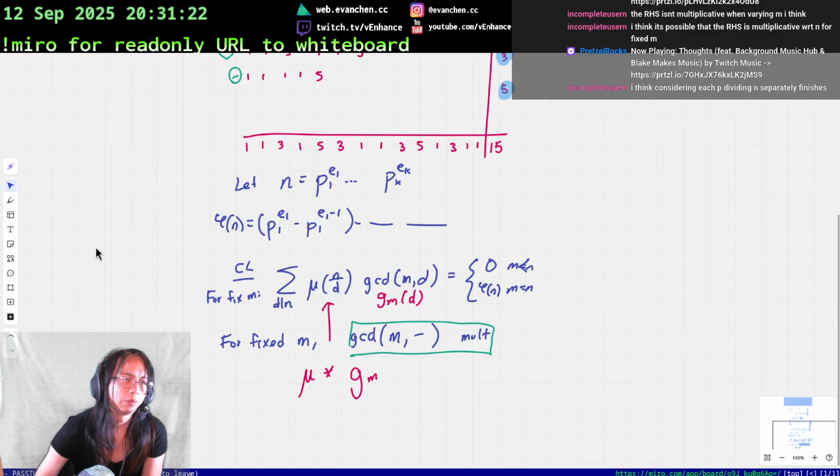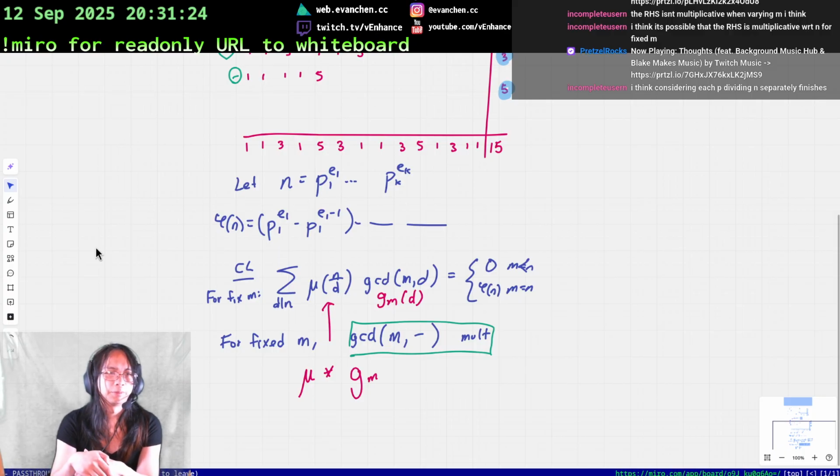Wait, so actually, can we just compute what it is for a prime power?